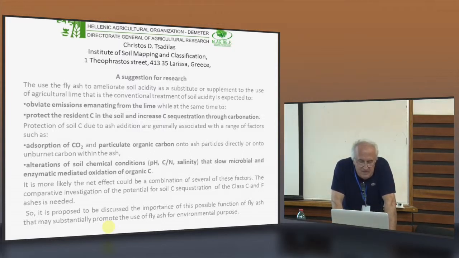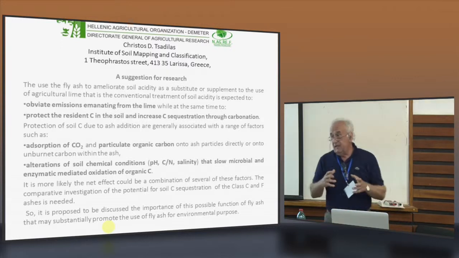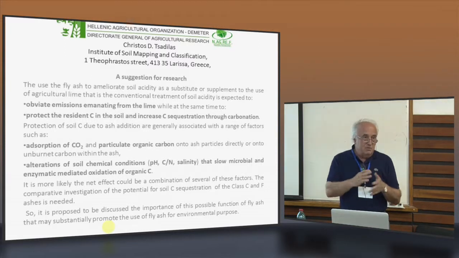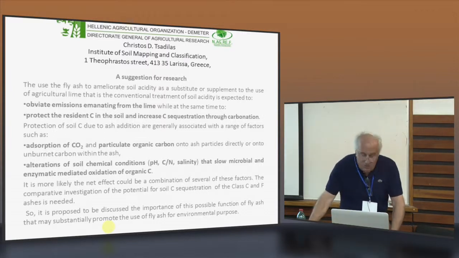The comparative investigation of the potential for soil carbon sequestration of the class C and F ashes, in our opinion, is needed. So it is proposed to discuss all this, and finally, if we can complete an idea for a plan for a project, to exchange our ideas, to exchange our addresses, and to start working on that.